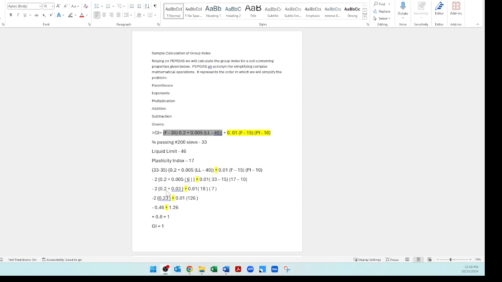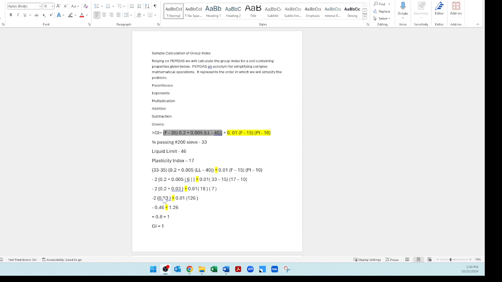Now we can add. So we take the 2 and bring your minus 2 down. It's a multiplier. We take the 0.2 plus 0.03, and that will give us 0.23. We still have these guys to deal with, and we'll get to that.